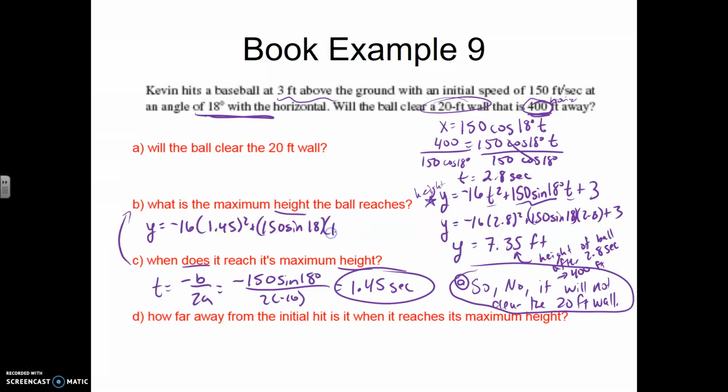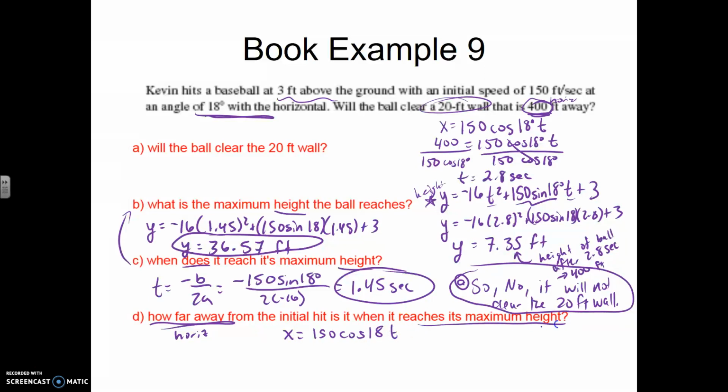If I plug that into my calculator, that gives the max height, which I ended up getting as 36.57 feet. And then the last question, part D, says how far away from the initial hit is it when it reaches the max height?